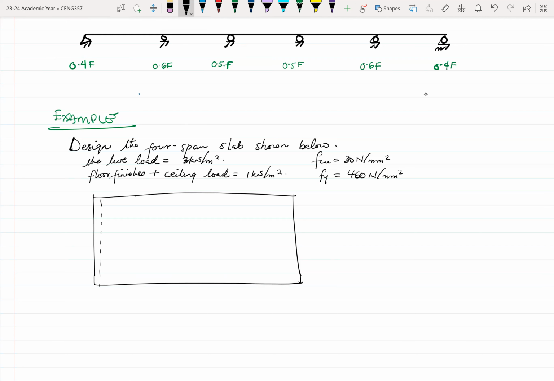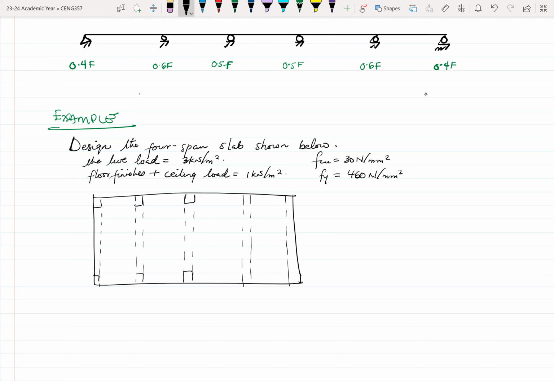There are four spans: 1, 2, 3, and 4. So maybe there's a column here and a column here.